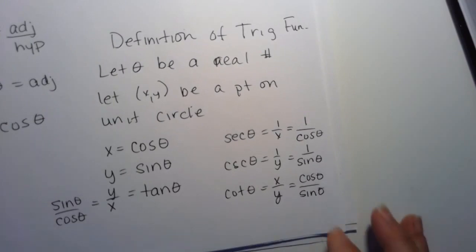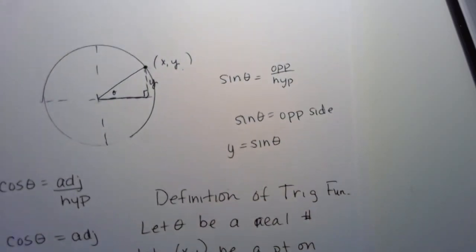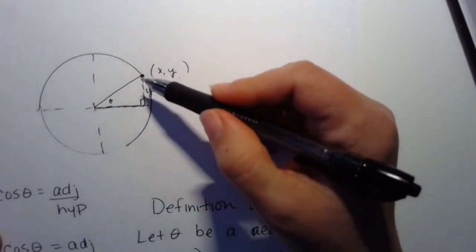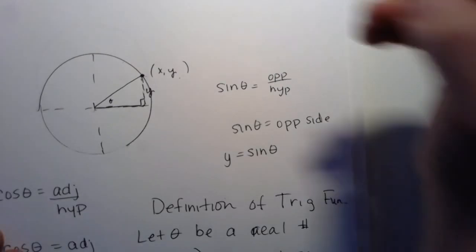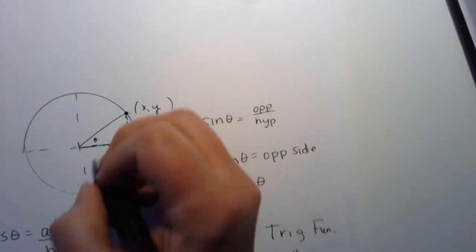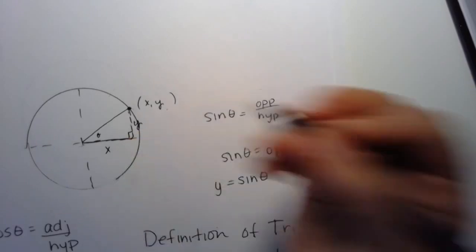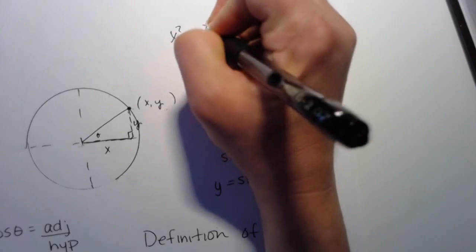Now from this definition, remember we have a right triangle here. Since we have a right triangle, I can use the Pythagorean theorem. If I think of this as x and y, then my Pythagorean theorem is essentially my unit circle: x squared plus y squared equals 1.